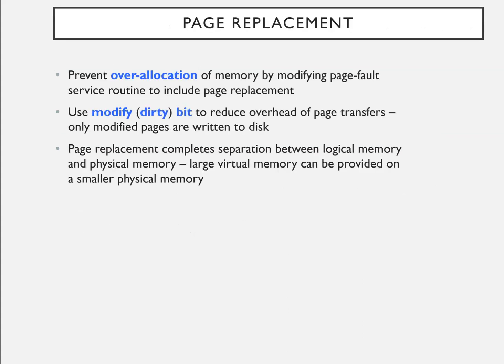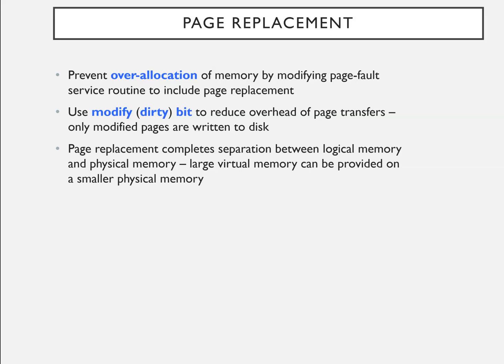We can prevent over-allocation of memory by modifying the page fault service routine to include page replacement. Now we have a dirty bit instead of just an invalid bit, and it is only used when we write pages to disk. We only write the dirty ones.